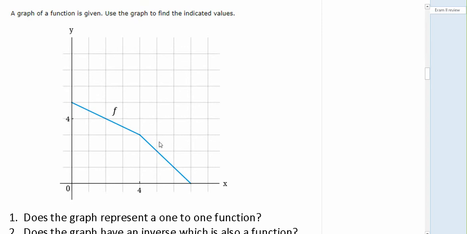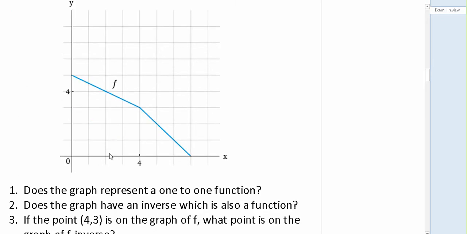So, does this graph represent a one-to-one function? Yeah, passing the horizontal line test. Beautiful. Complete answer, worthy of full credit on an exam. Yes, it passes the horizontal line test. Now, be advised, I'm not going to give you credit for just yes or no on an exam for a question like that. You need to tell me why.